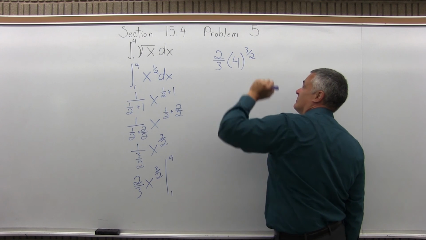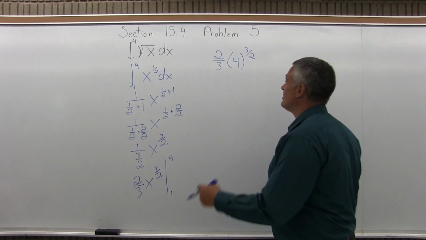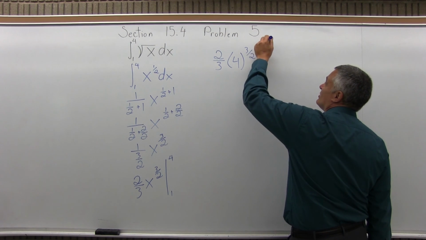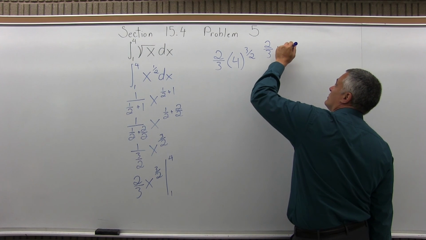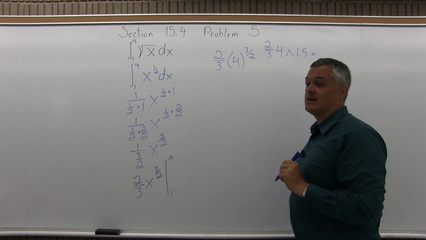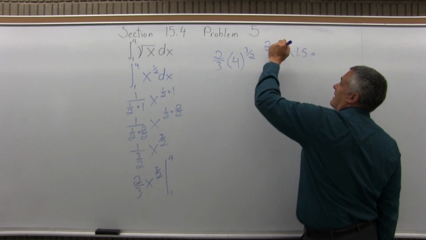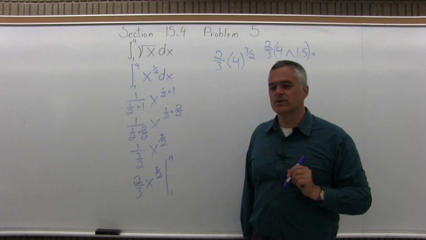Well, that fractional exponent's kind of weird. So the way you deal with that, you have a couple options. What you could do with your calculator is go 2/3 times 4, use your exponent button, and put in an exponent of 1.5, and you'll get an answer. You can use parentheses too, just to make sure your calculator will do it in the correct order.